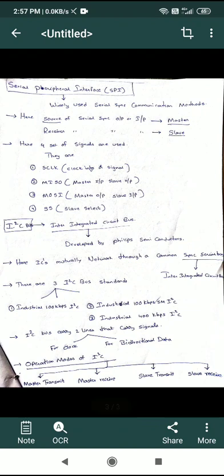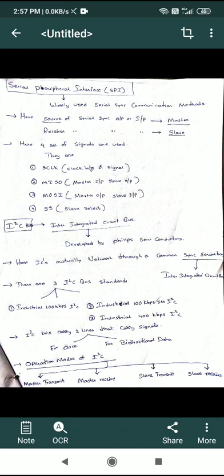The next one is SPI, serial peripheral interface. It is the most widely used serial synchronous communication method. Here we have two roles in transmission: one is the source, the other is the receiver. The source of the serial synchronous output or input we call the master, and the receiving one we call the slave.